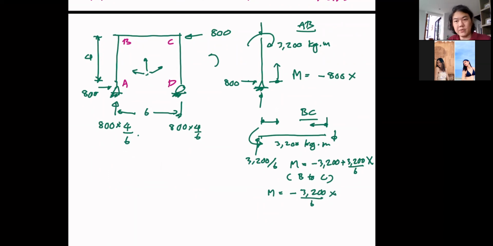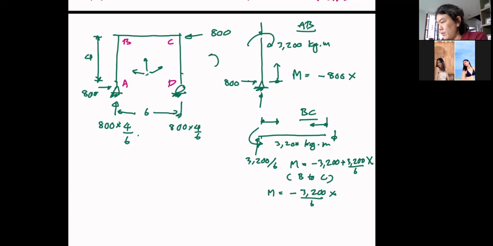So you've got your two choices, but if you can complete your free body diagram, this is a piece of cake. And for CD, apparently it's zero force, zero moment, so I don't need to do anything about it.